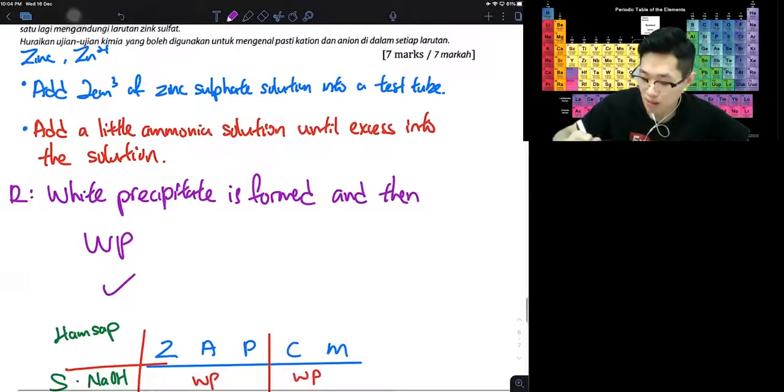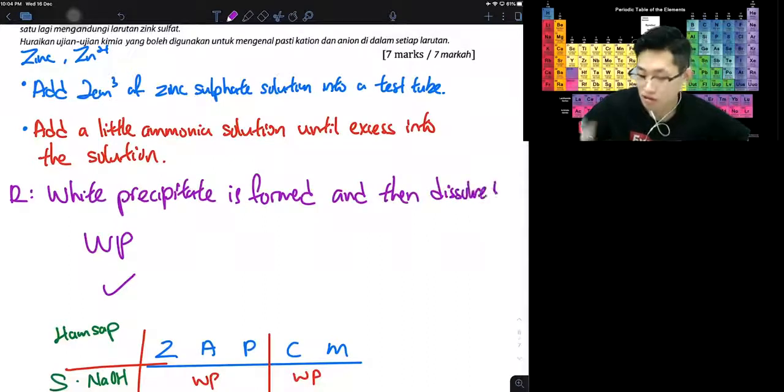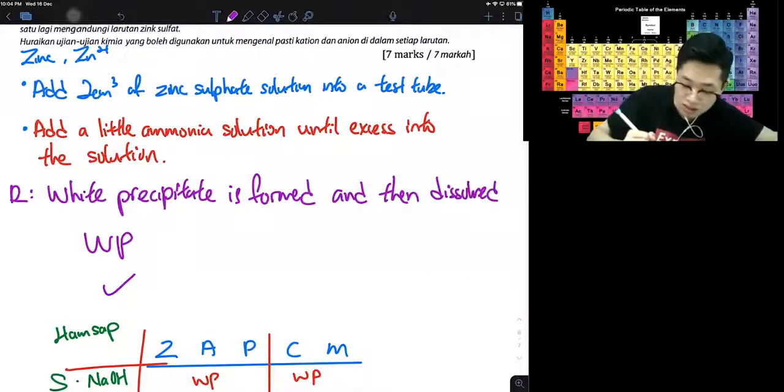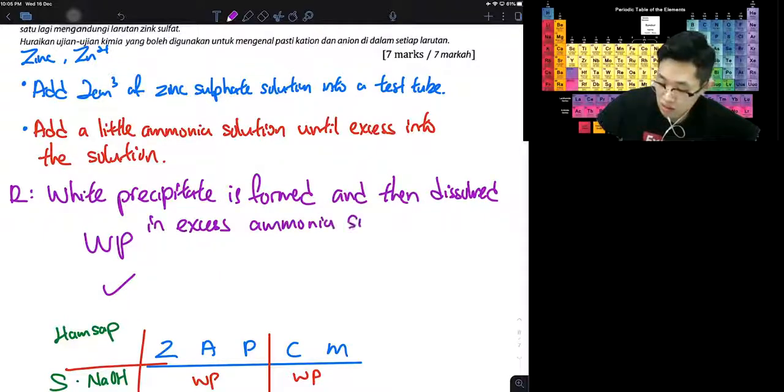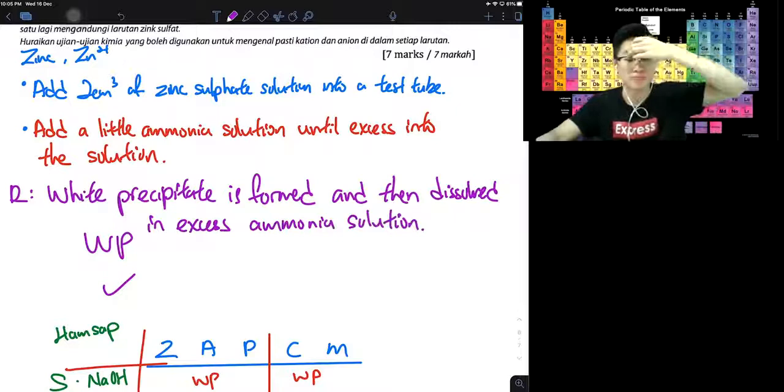And then dissolve in excess ammonia solution.